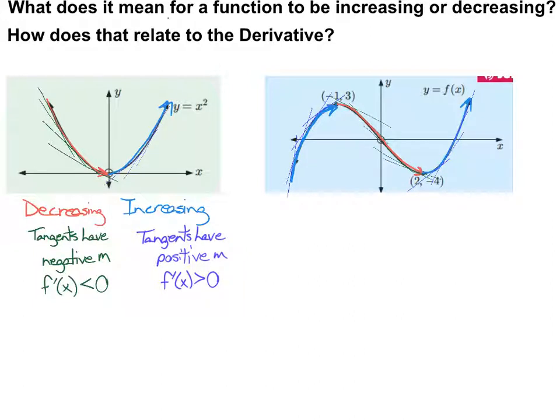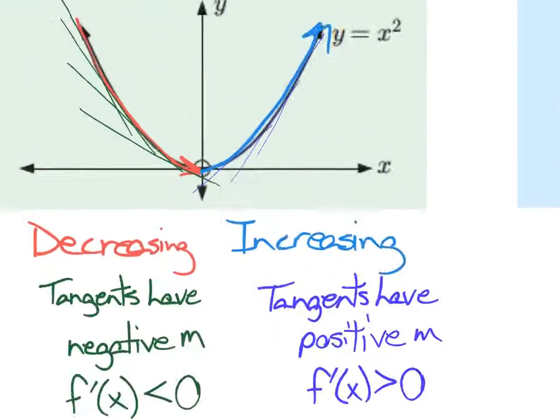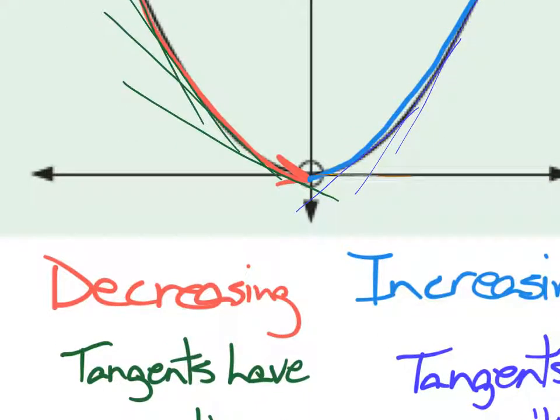Now, what about those points where it changes? What do you notice about where those points are on the graph, first of all? The horizontal tangents. Okay, you remember when I told you when you were finding these the other day that they were going to be important? The horizontal tangents occur between where it is increasing and where it's decreasing.